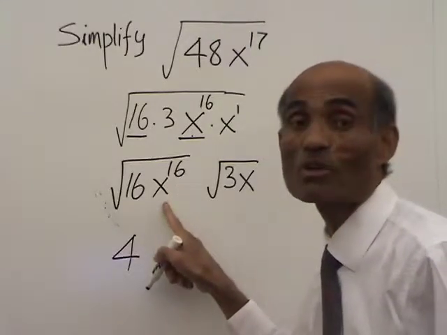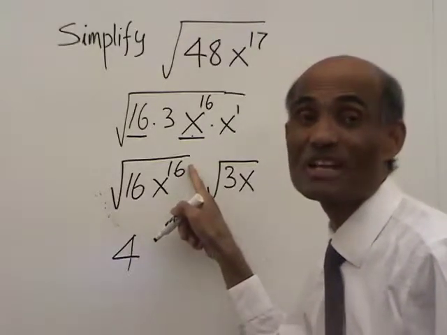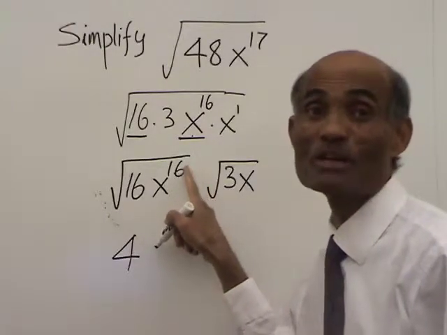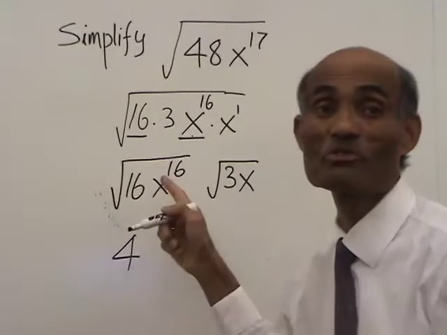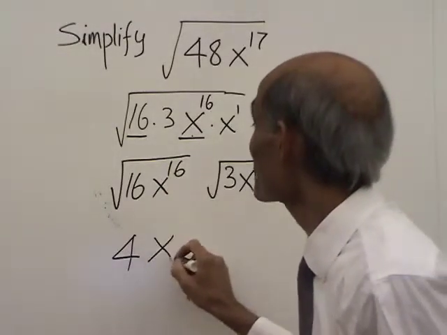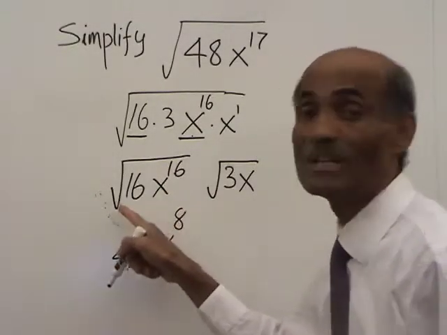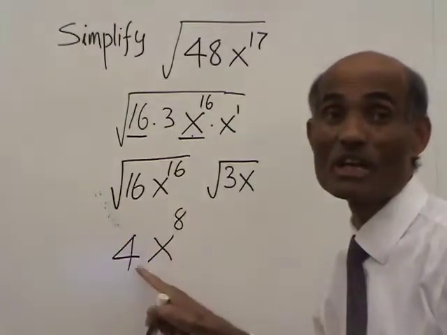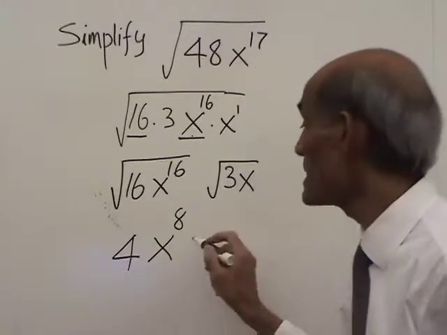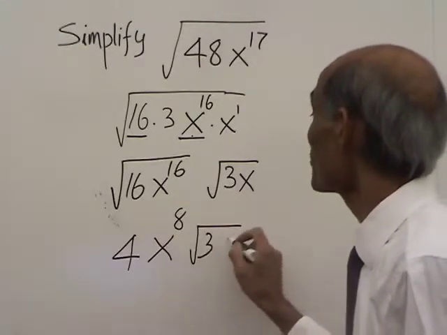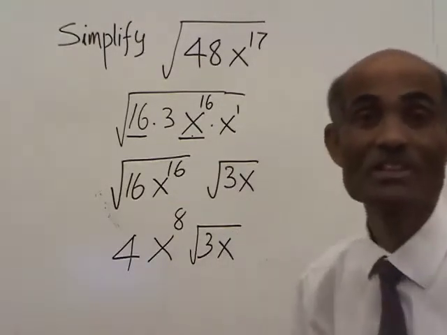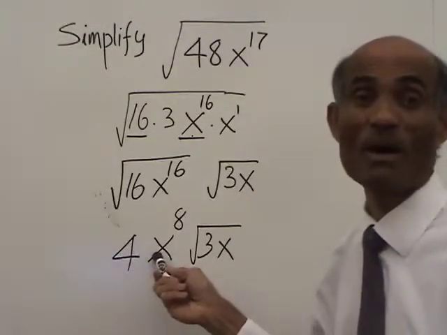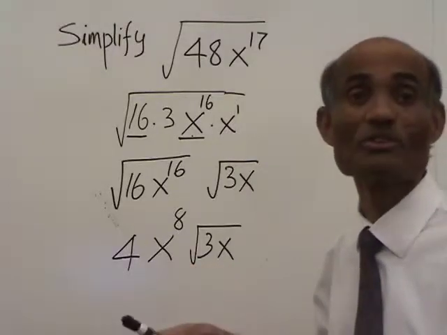What is the square root of x to the power of 16? To find the square root of a power, simply divide the power by 2. So that will be x to the power of 8. The square root of 16x to the power of 16 is 4x to the power of 8, and the square root of 3x will remain as it is. So the simplified form is 4x to the power of 8 square root 3x.